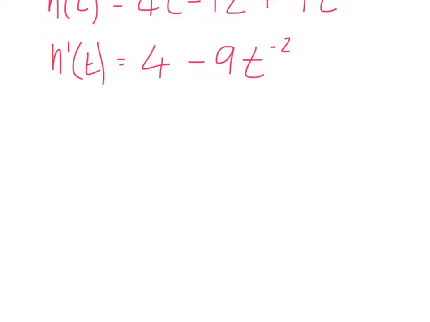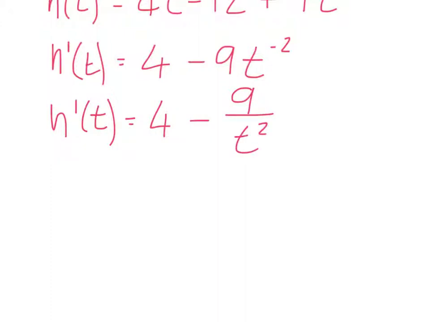So what we're trying to find is the rate of change. So that was the derived function when t was 3. So we're going to substitute t in, but before we do that, we'll try and leave our expression with a positive power. So h dashed of t, the derived function, is 4 minus 9 over t squared.